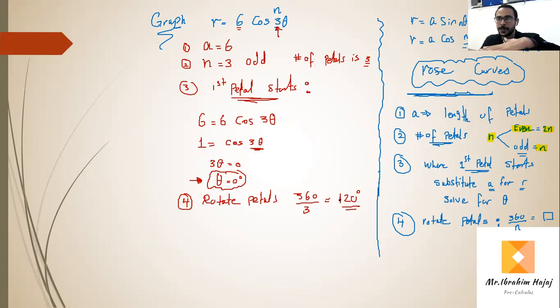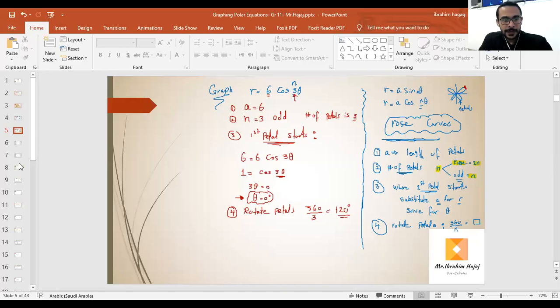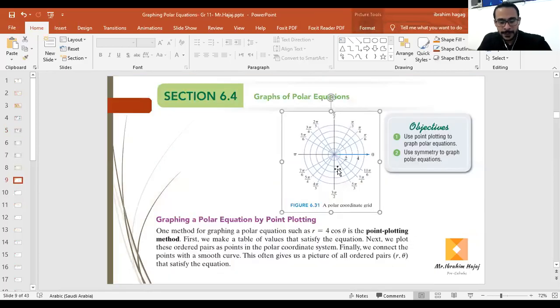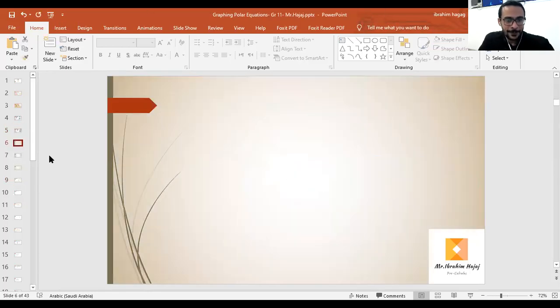I'm starting from 0 and moving to 120 and then 240 and so on. I have 3 petals, a rose graph with 3 petals.